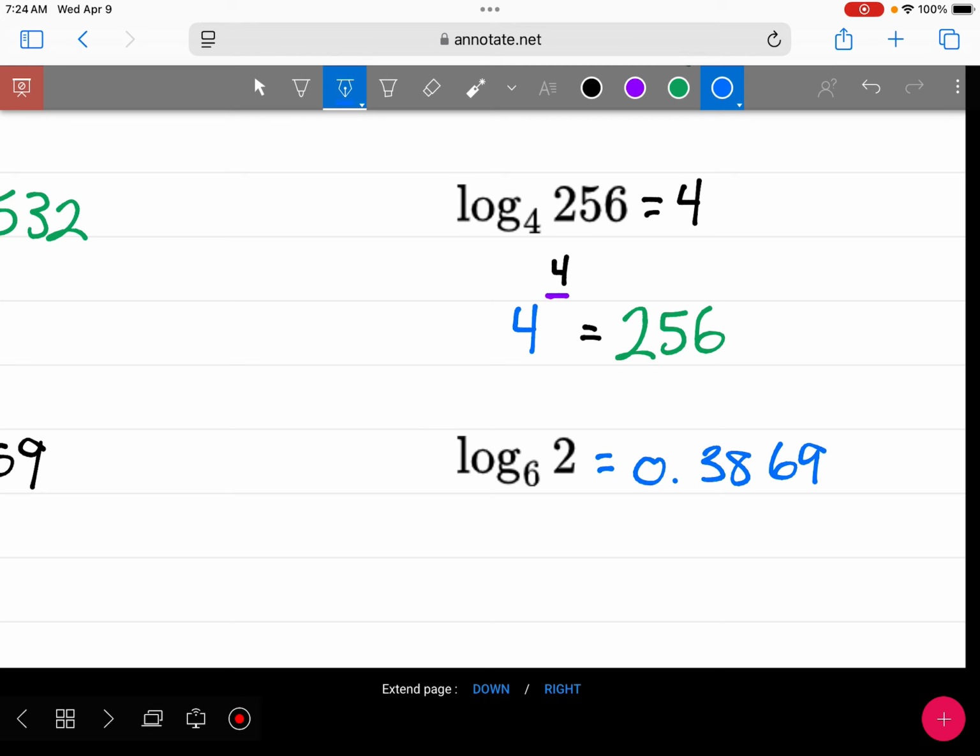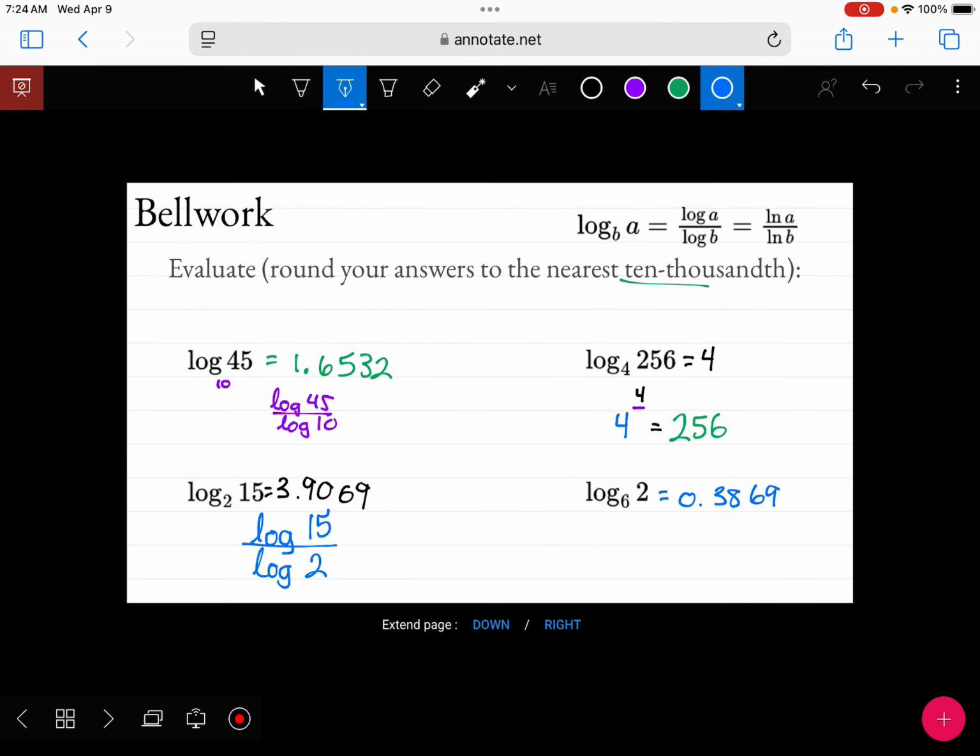So 6 to that power should be pretty darn close to 2. Okay, so this is using that change of base formula from yesterday down on these bottom 2. Questions on that bit?